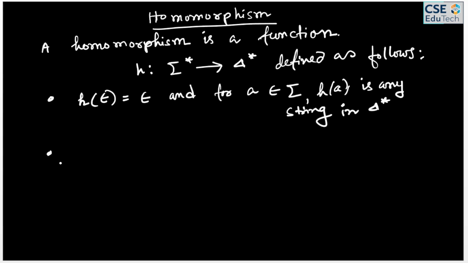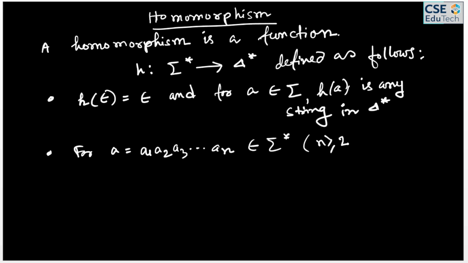And for a string a equal to a1, a2, a3, up to an, which belongs to sigma star, where n is greater than or equal to 2, the homomorphism of a is H of a1, H of a2, up to H of an.